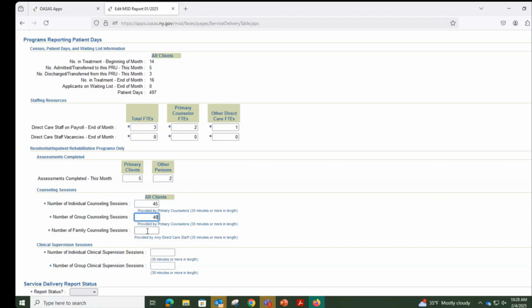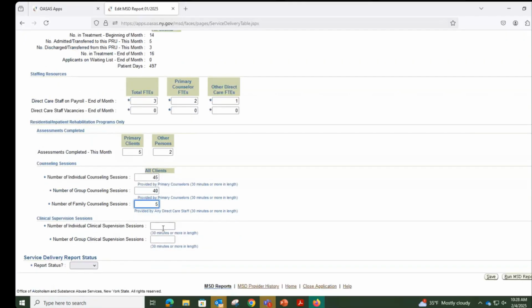And family counseling sessions. They can be by any direct care staff, 30 minutes or longer. So we'll say we did 5 during the month. And we again see clinical supervision, so just a count of at least 30 minutes in duration. And then again the group.